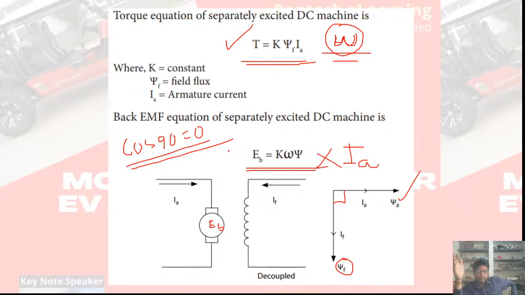That's why I was telling that till late 70s, even today, in so many places where the speed control is concerned, except few cases where hazardous operation is not permissible, people are using separately excited DC machine with old technique, that Ward Leonard and this kind of technique, because that is very easy.